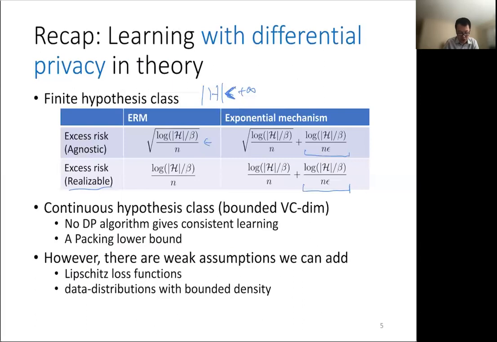If we make additional assumptions on what kind of data distribution we can see, or if we make assumptions about the Lipschitz property of the loss functions, then these artifacts are no longer there, and we can actually learn with differential privacy. Yeah, so these points were not completely clear, but we will see some examples of that in the later part of today's lecture when we talk about convex empirical risk minimization.